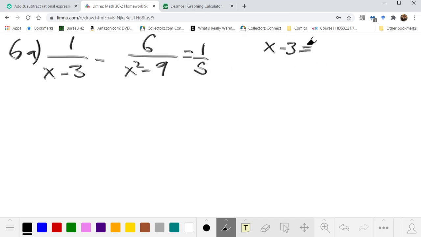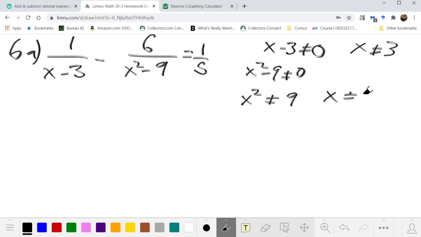For our non-permissible values, x minus 3 cannot be 0, which means x cannot be 3. And our other denominator, x squared minus 9, cannot be 0. Leads to x squared cannot be 9. X cannot be positive or negative 3.